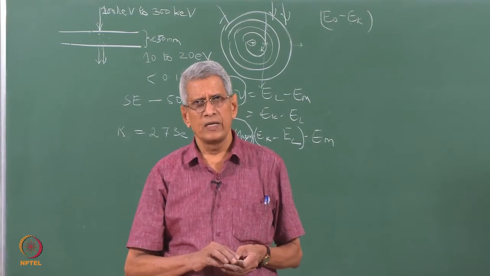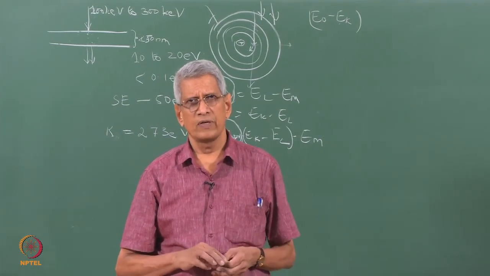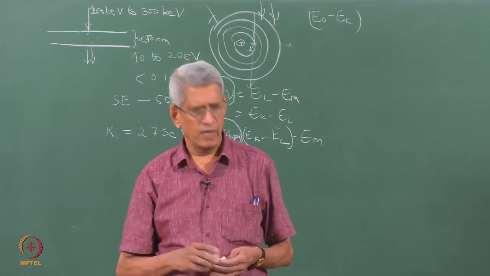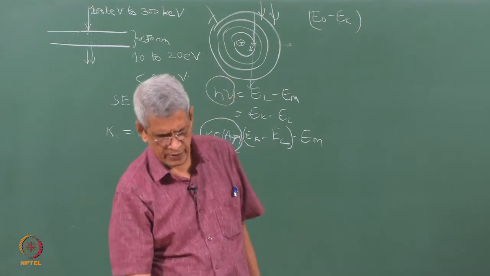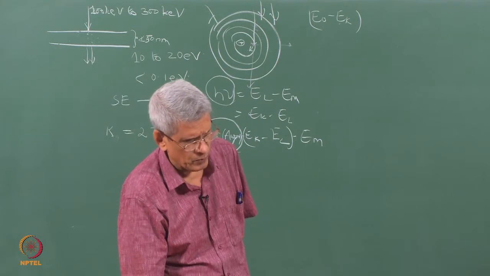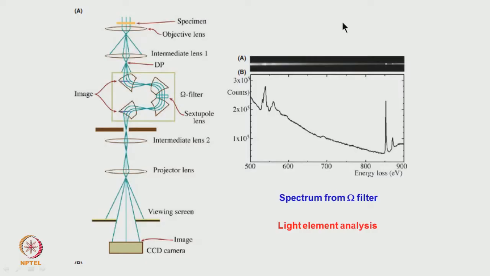Because of this, if the primary beam itself has a high energy spread, we will not be able to measure these shifts very accurately. That is why using a primary beam as monochromatic as possible is required.